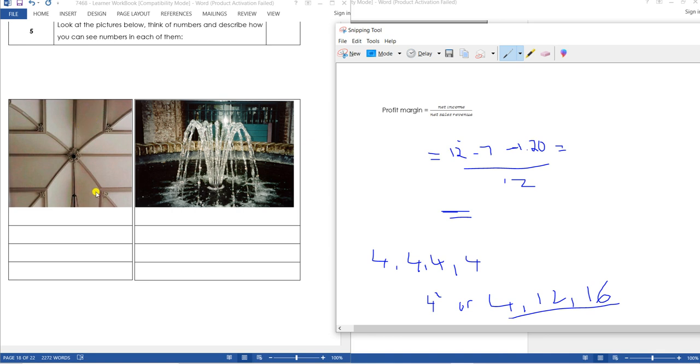And on the right hand side, all I see is just a series, because these waters are in a series way, as they have a level of pouring out water.